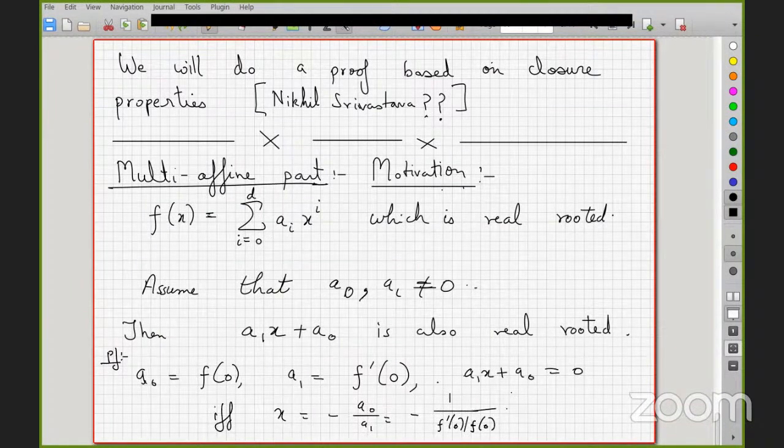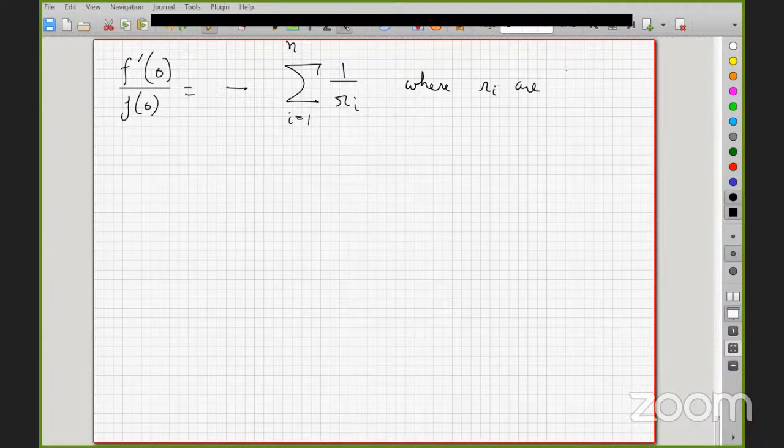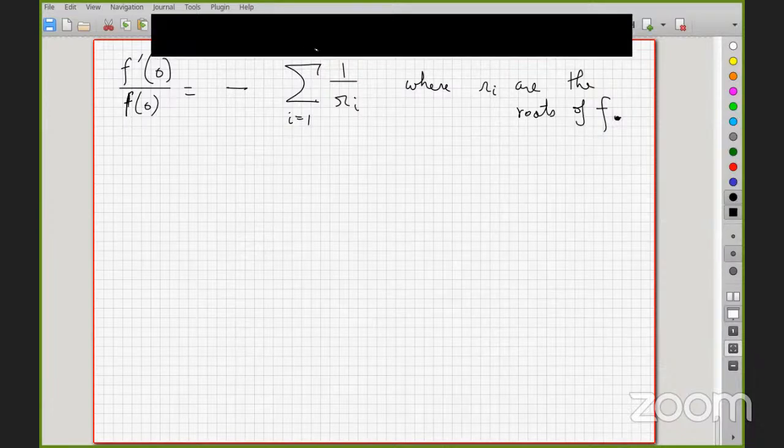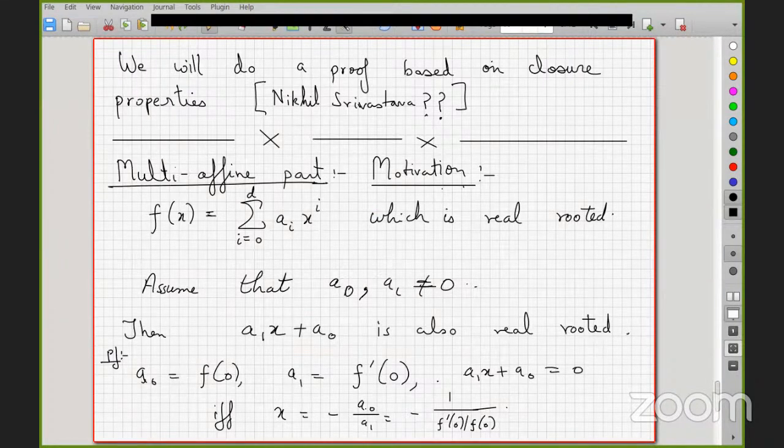But what is this f'(0) over f(0)? It's exactly the summation of minus 1 over ri, where ri are the roots of f. This is just directly from factorization. This whole thing is real, and so this is also real.